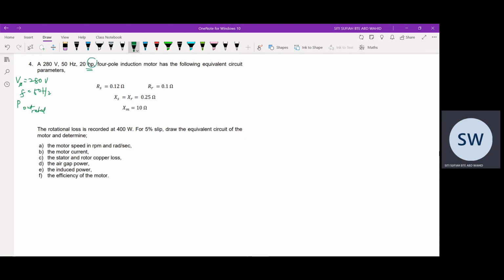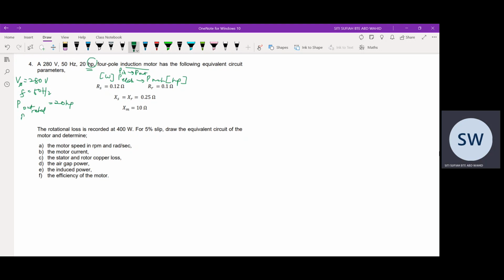Horsepower is the unit for mechanical, and for an induction motor, P electrical is converted into P mechanical, P out, which we then convert into horsepower. So that is P out rated, in horsepower.